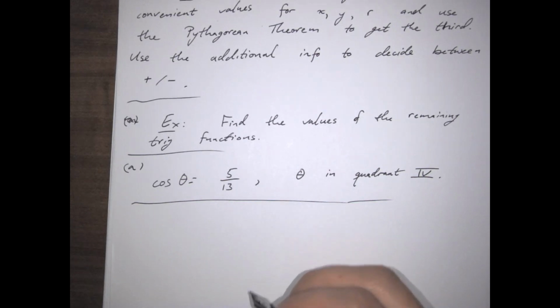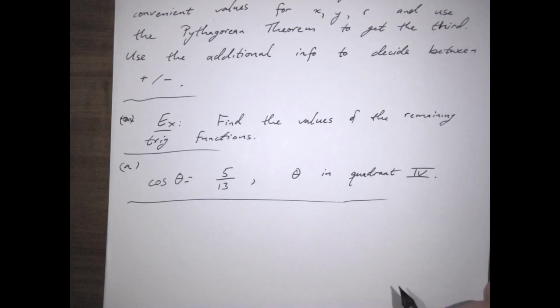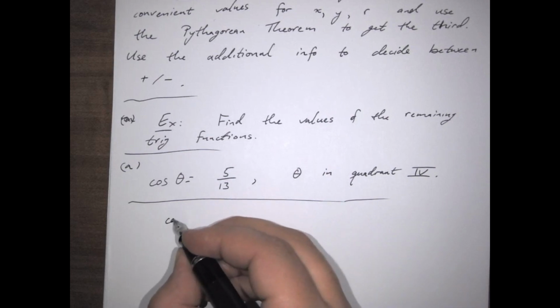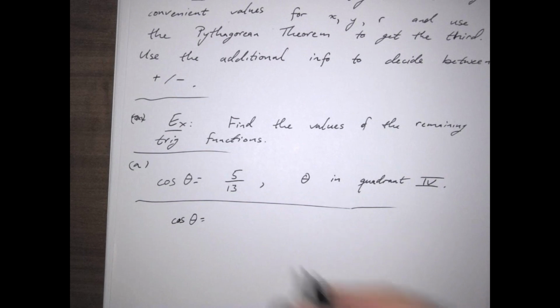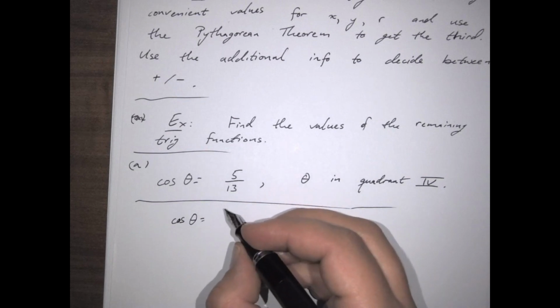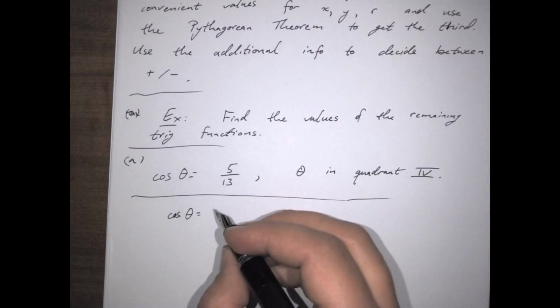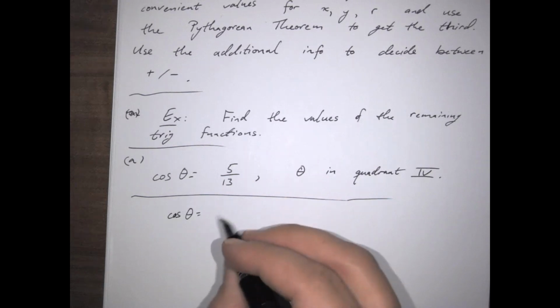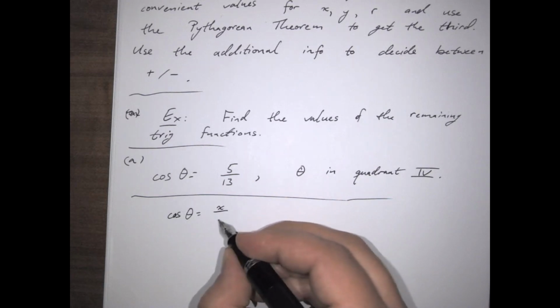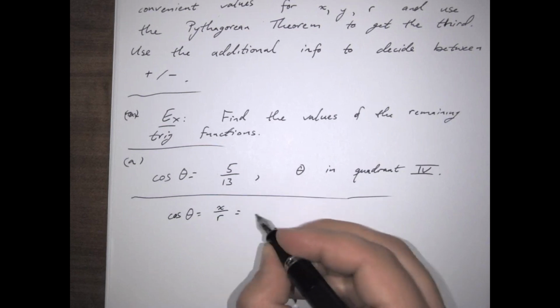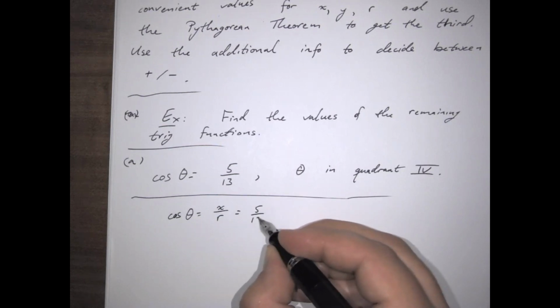And what we do is take the information that's given to us and use it to assign convenient values to x, y, or r, and then proceed accordingly. So cosine theta is typically just x over r, which is equal to 5/13.